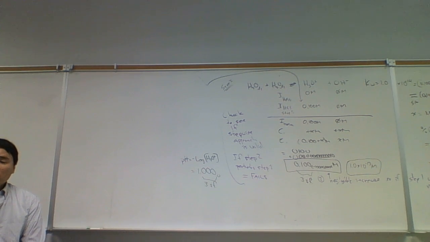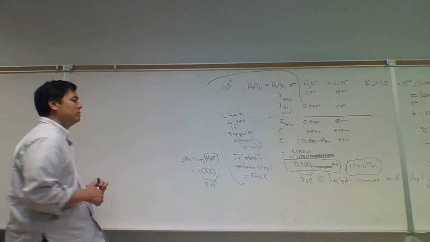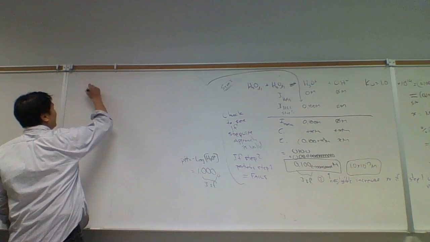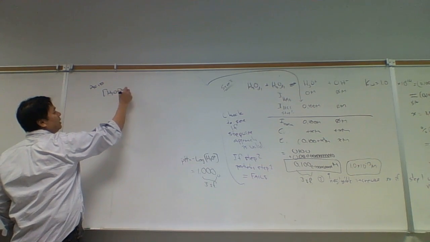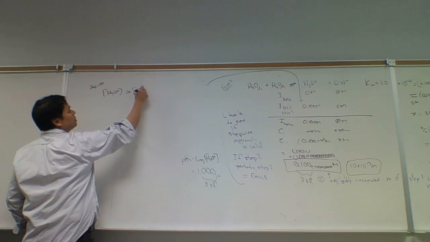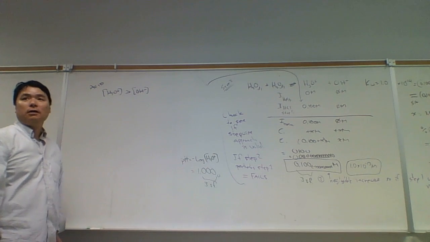Water. Can I stop the water molecules from colliding? Because I don't want any hydroxide in my strong acid solution. I want full strength acid. Can I stop the water molecules from colliding? No, impossible. And so this is what it means to be an acid. To be an acid means that the hydronium ion concentration has to be greater than the hydroxide ion concentration.